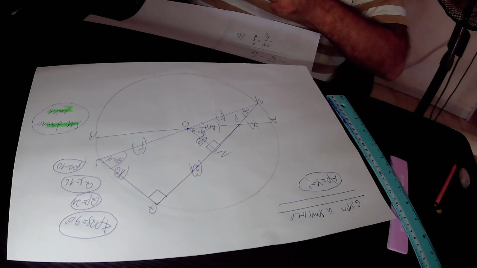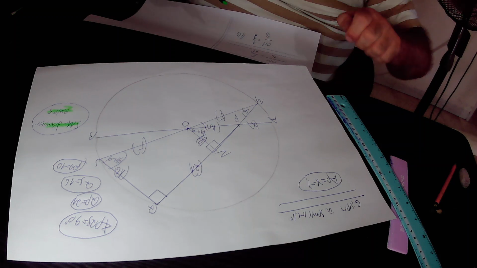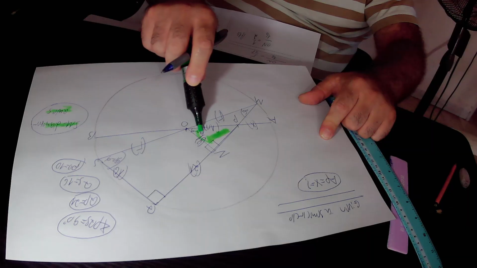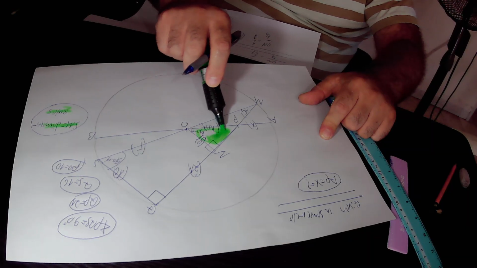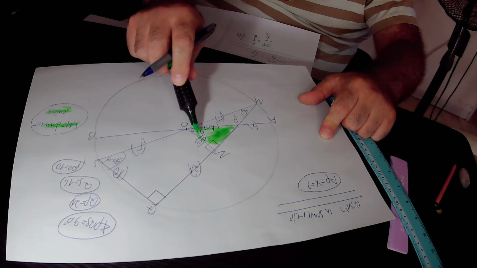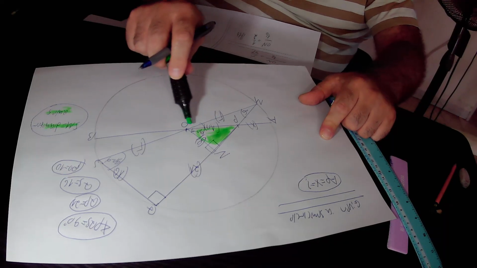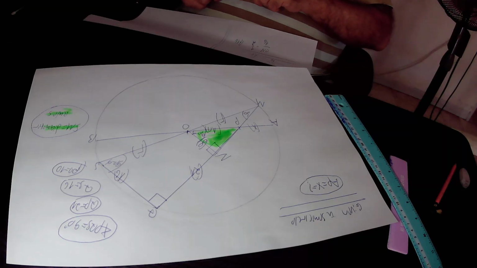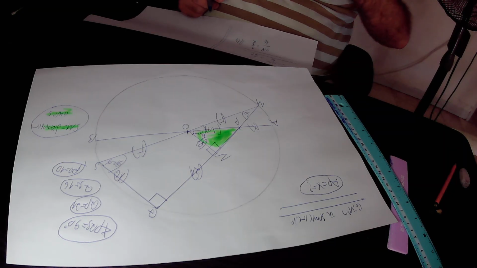In the next step, we'll copy this small green right triangle ONP. In the equation, we will implement the Pythagoras theorem on this small green right triangle ONP.